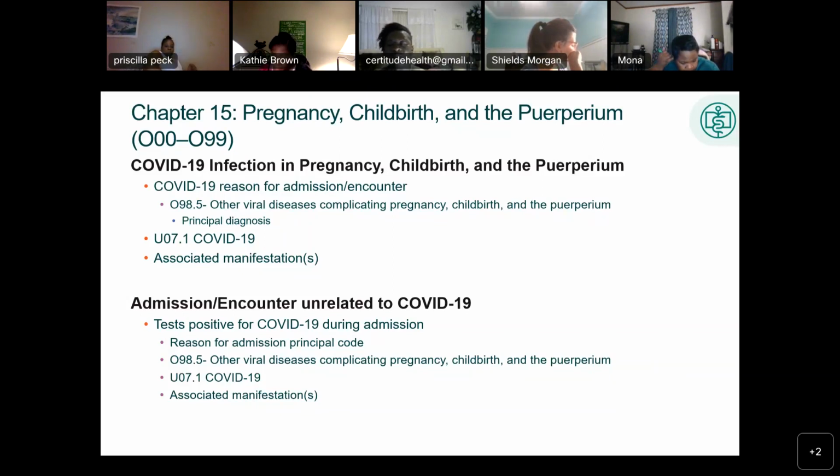And then when they say associated manifestations, that can mean anything else that the patient is being treated for during that period. So it could be related to the COVID, like respiratory distress or cough or fever. You wouldn't report cough or fever, you would report respiratory distress, because cough or fever is a symptom. Asthma would be an example of something else that you would probably report.